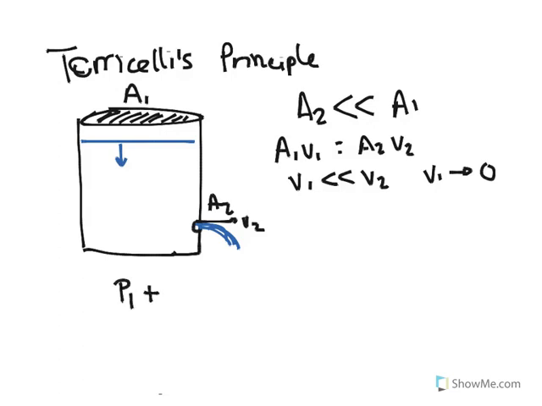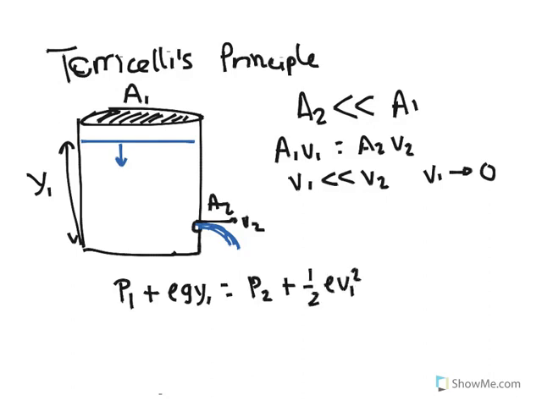Pressure at point 1 plus density gravity height 1 is going to be equal to pressure 2, the pressure at point 2, plus 1/2 density velocity 2 squared. And since we can set our reference here, we can neglect that term.